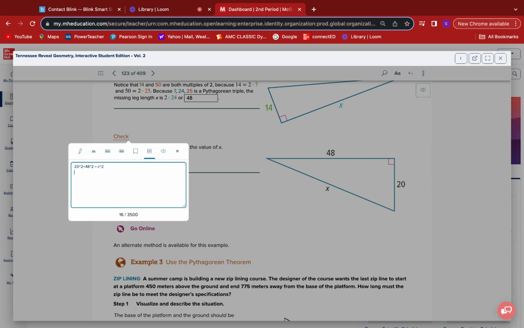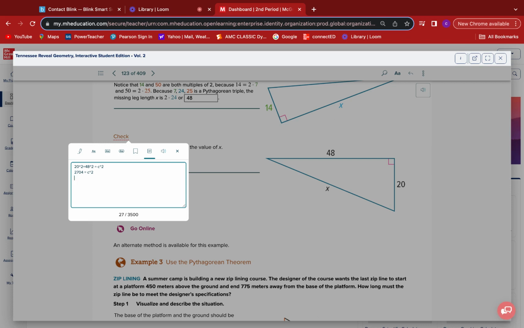All right, so grab a calculator, put in 20 squared plus 48 squared, and you're going to get 2,704, and that equals C squared. And the opposite of squaring is to square root. And again, one more time, if you are a brand new teacher, you really do want to get in the habit of knowing how to break down a radical. So take the square root of 2,704, and it is just straight up a 52.